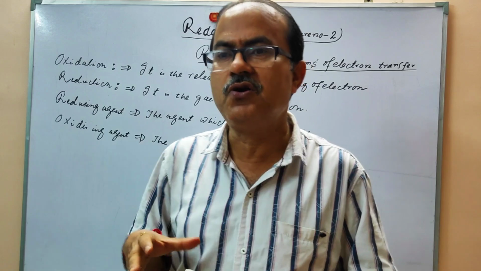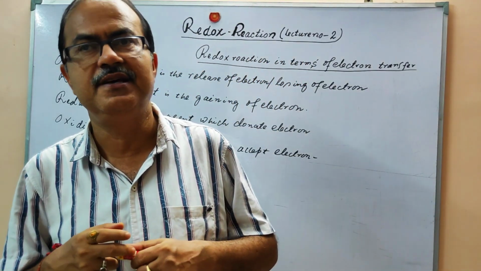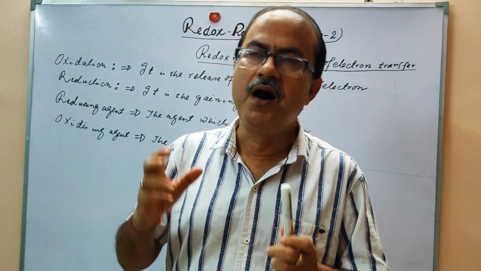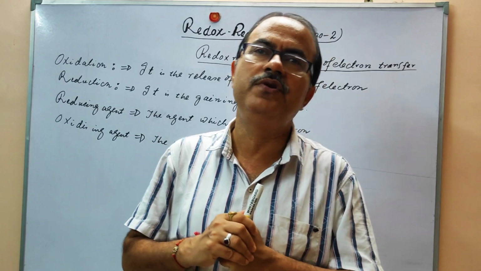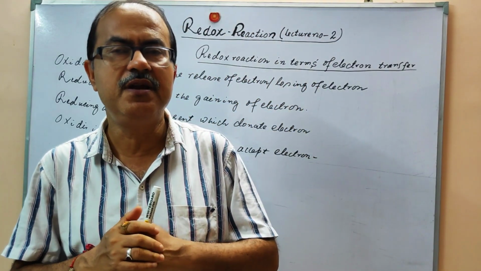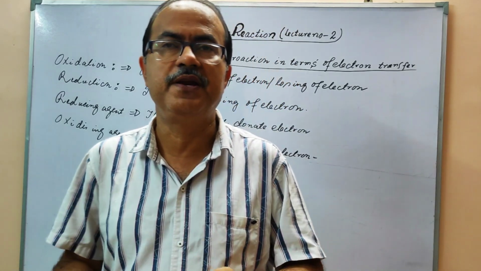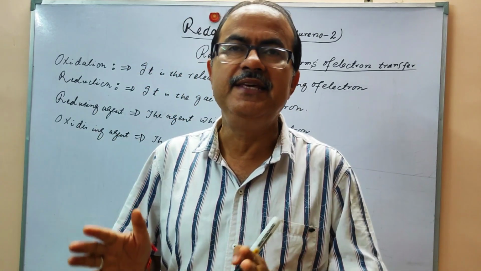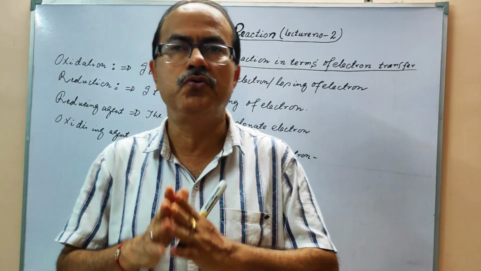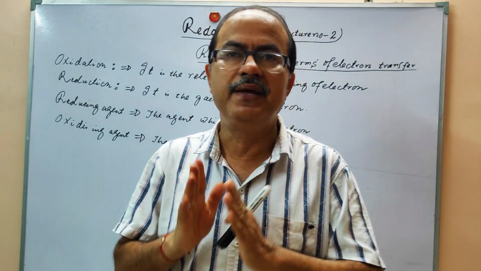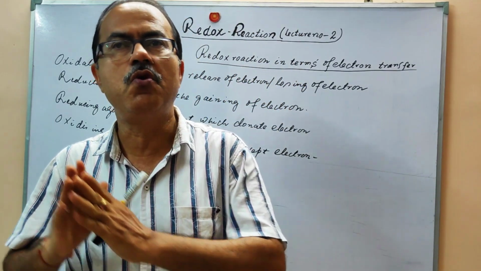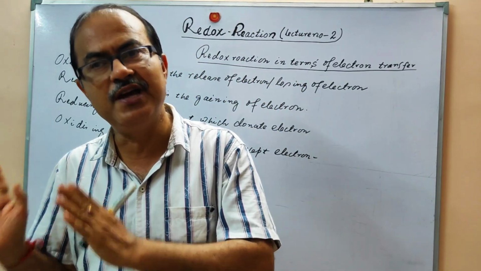The main crux of this lecture is that we understand how we can redefine oxidation and reduction in terms of electron transfer. When there is a release of electrons or losing of electrons by any species, we will call this species oxidized.